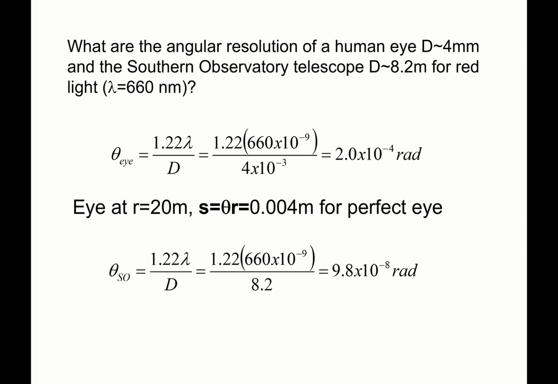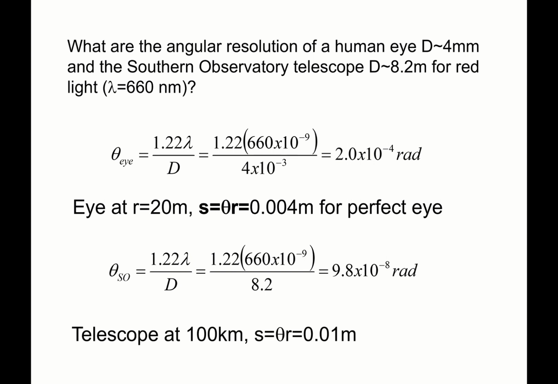So for the eye at 20 meters, which is about 70 feet away, S, which is theta times R, take the angle, 2 times 10 to the minus 4 radians, times 20 meters, and we get 0.004 meters for a perfect eye, so that would be 4 millimeters.